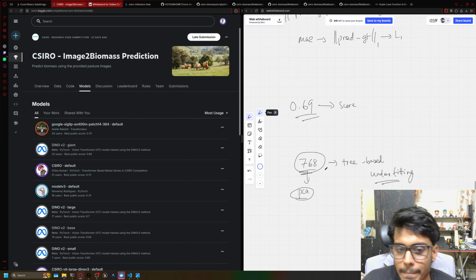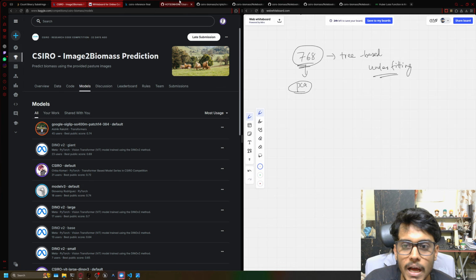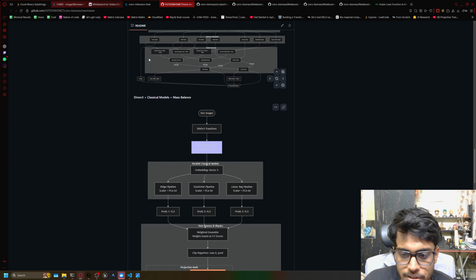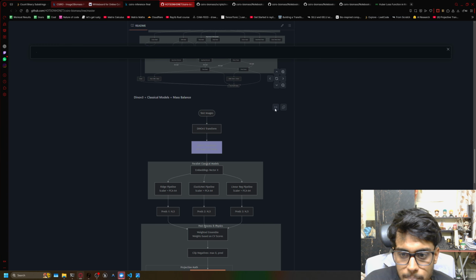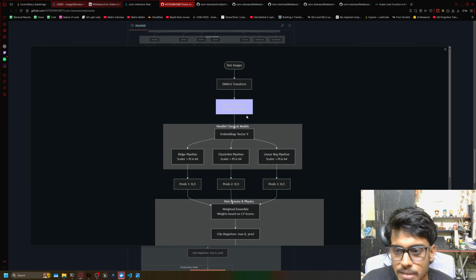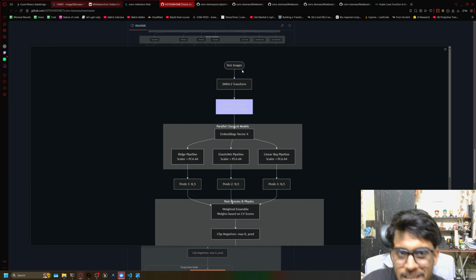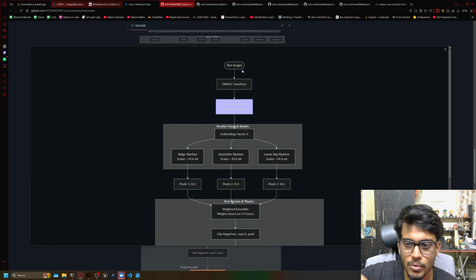So this is where I employed a mass balancing strategy. This was the classical model training flow, where for every image I was running DINOv3 and collecting its CLS token.